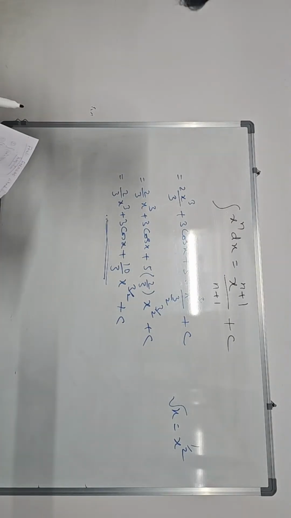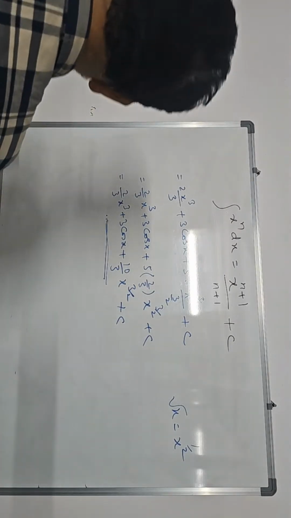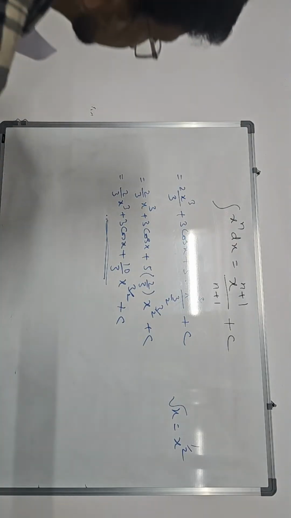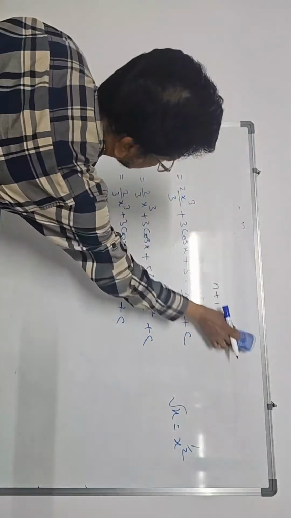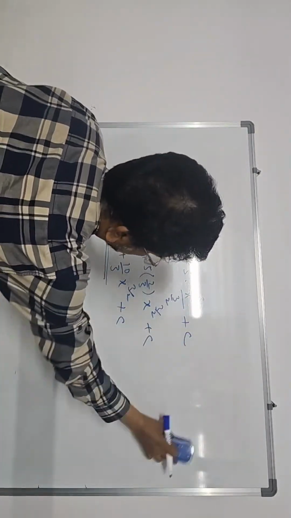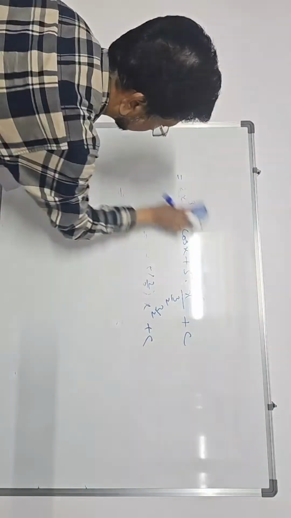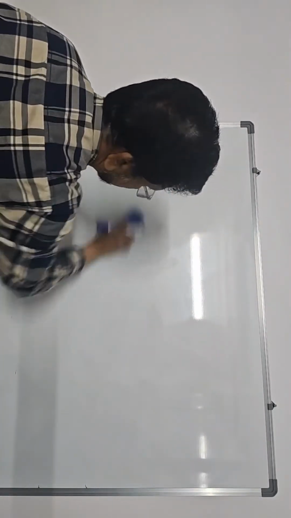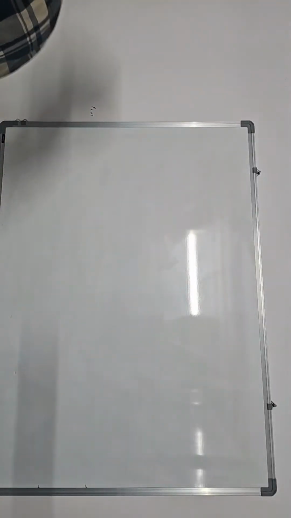Now the second question of this I will take. This one is very simple. Simply open the bracket, you will get the answer. Second question I am giving to you. Try to make it out.